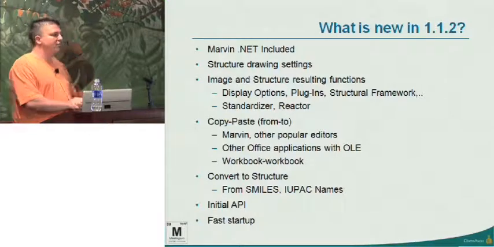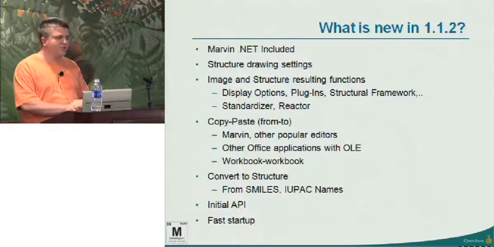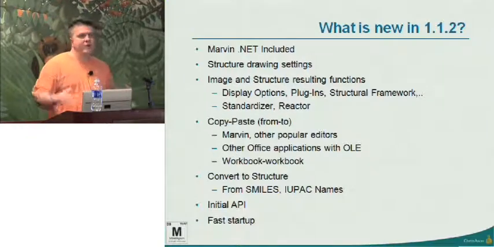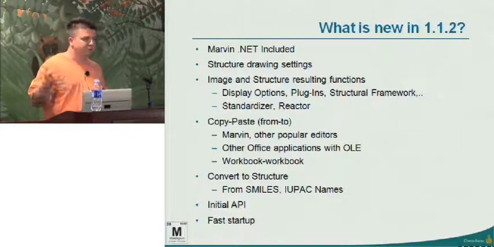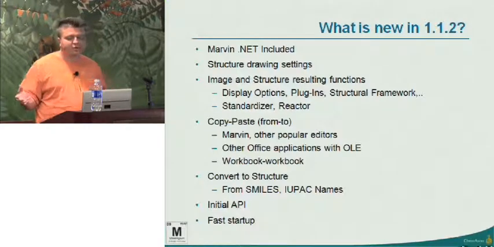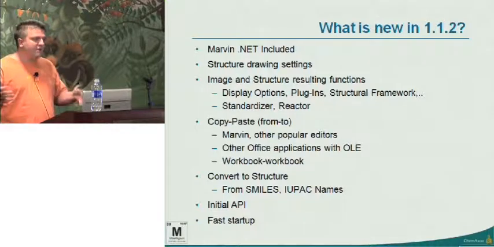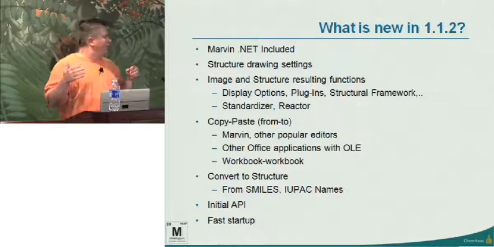In this release, we are going to offer an initial API for JChem for Excel. What it means is, for example, if you want to extend it or add some additional features either in VBA in Excel or from any external applications, you will be able to communicate with the running instance of Excel and JChem for Excel inside it.